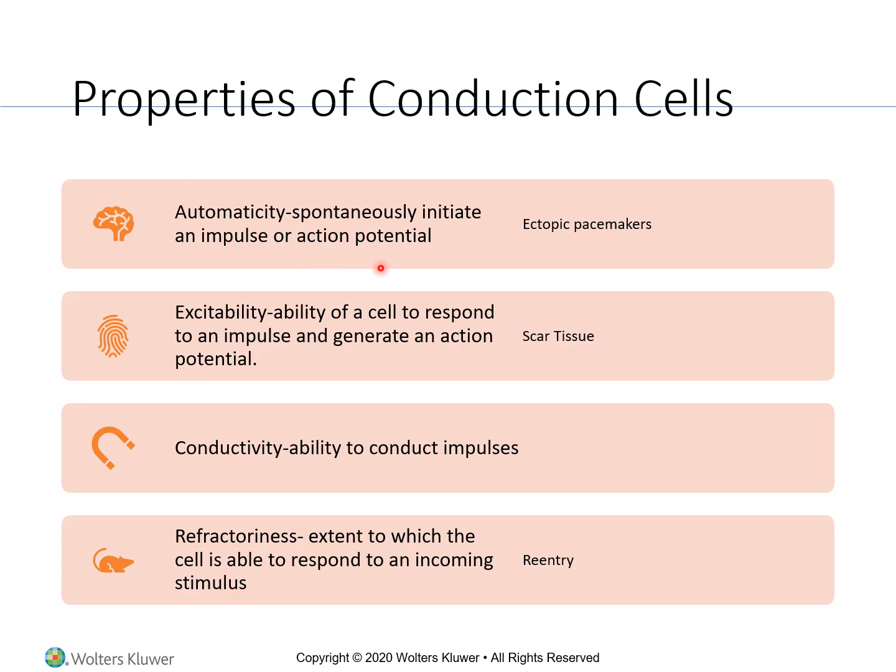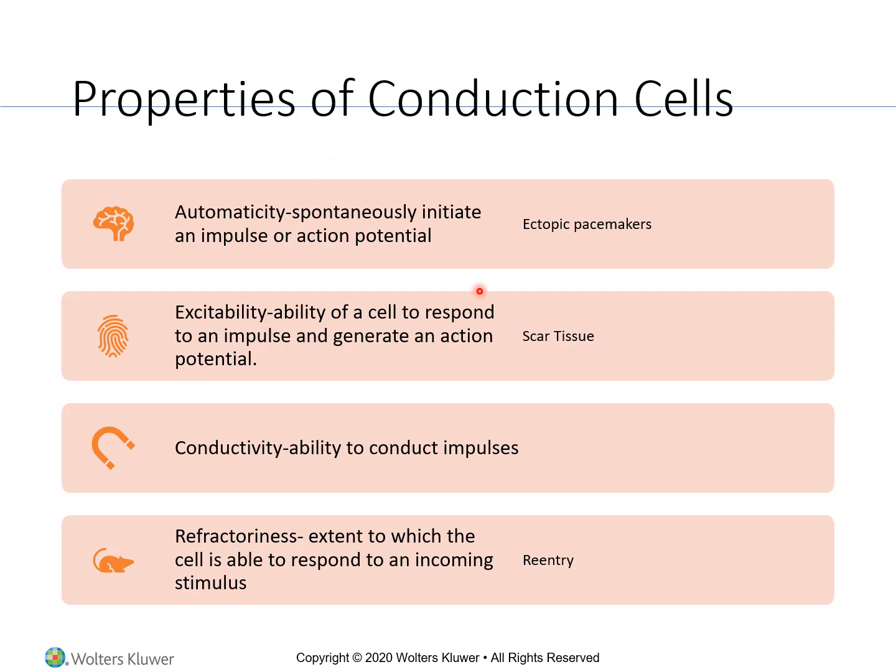That is that automaticity. So all of these cells can fire at their own inherent rate. And so this helps to protect us. Like if we lose SA node conduction, we'll still have some heart rate, right, from the AV node or from the Purkinje fibers that still maintains that conduction.